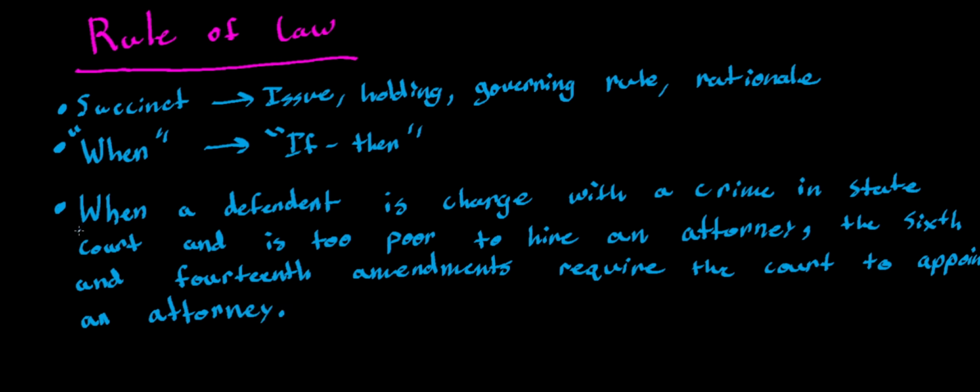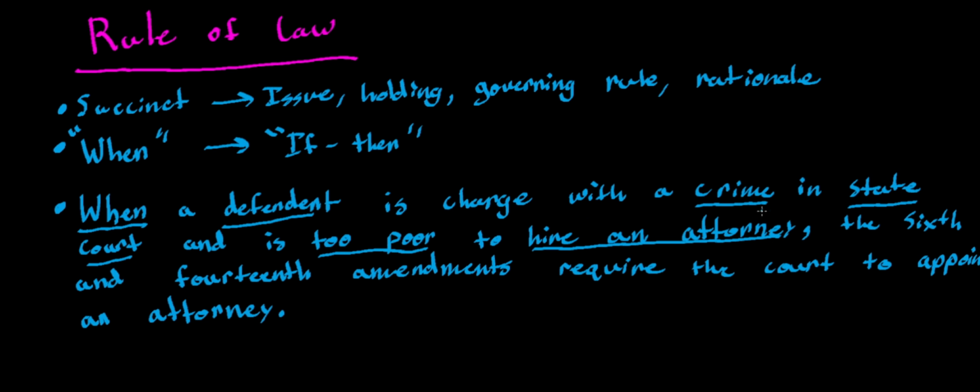So you see that I have started this rule of law statement with the word when, and that naturally leads me to recite the trigger facts. So you have a defendant, that defendant is charged with a crime, and that charge is filed in state court, and the defendant is too poor to hire an attorney.